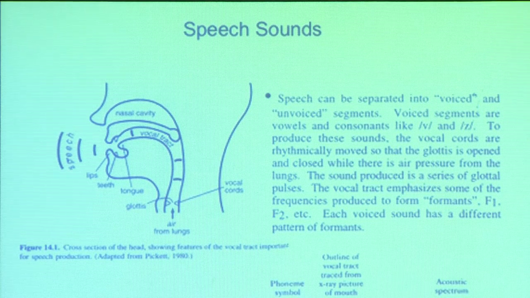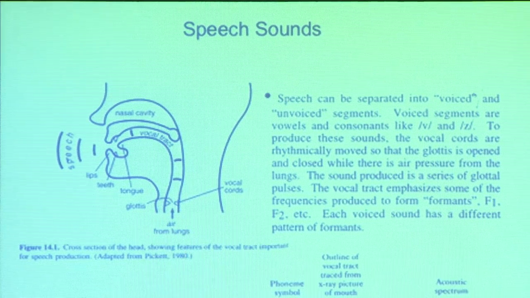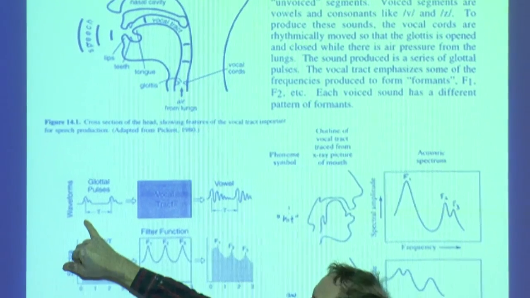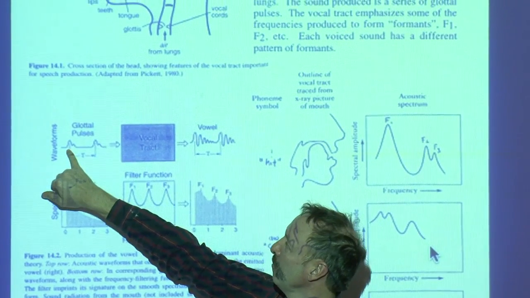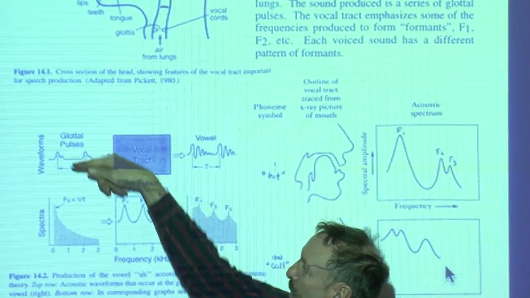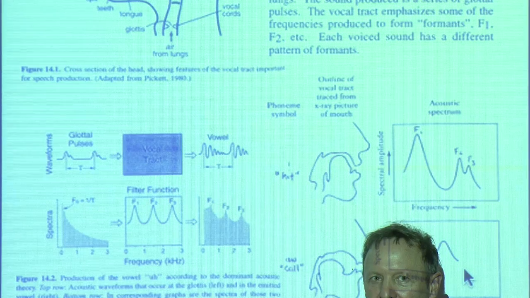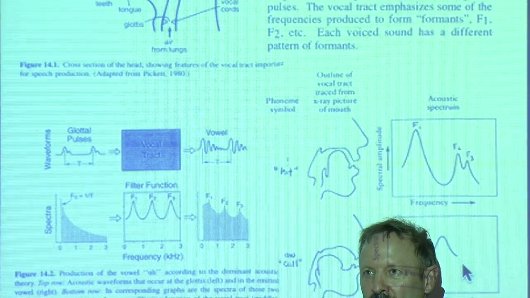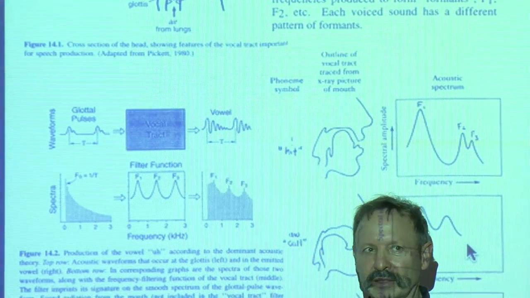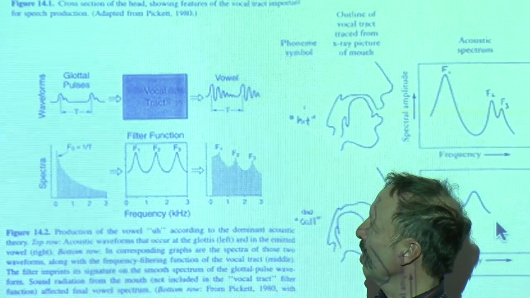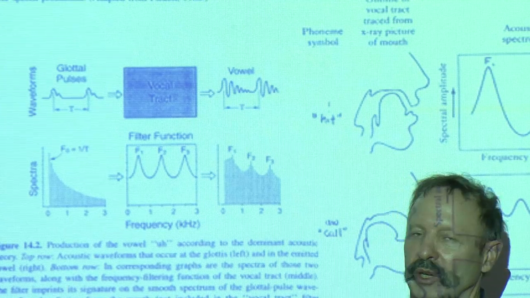And if you were to put a microphone way down your trachea, right above those vocal cords, you would see this time waveform. The pressure would go up as the air pressure is coming from the lungs when the vocal cords are open. When the vocal cords are shut, there's no pressure there, right? Or it's just atmospheric pressure.